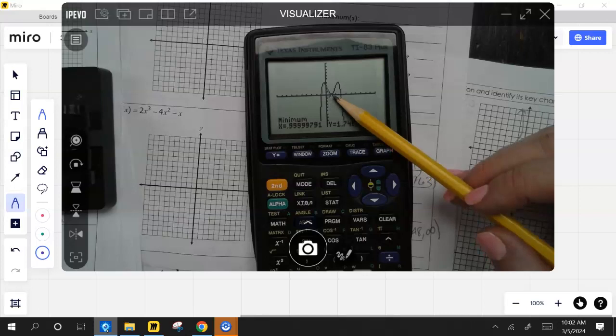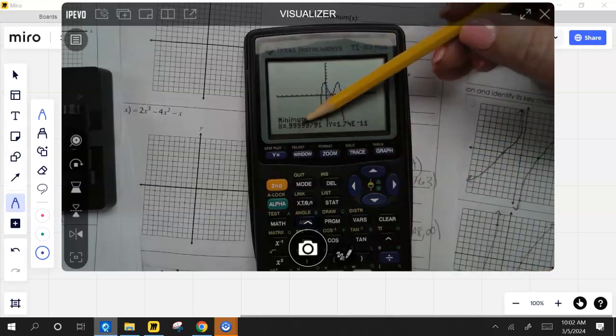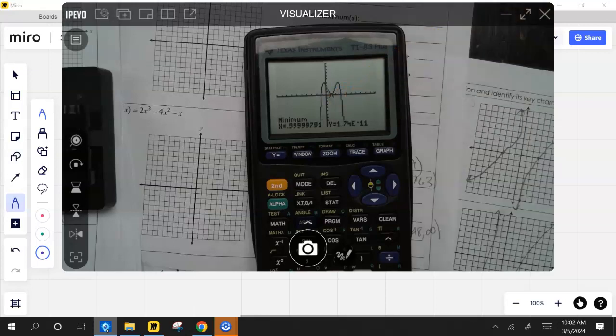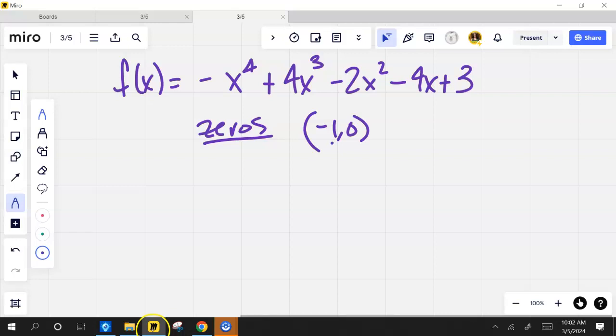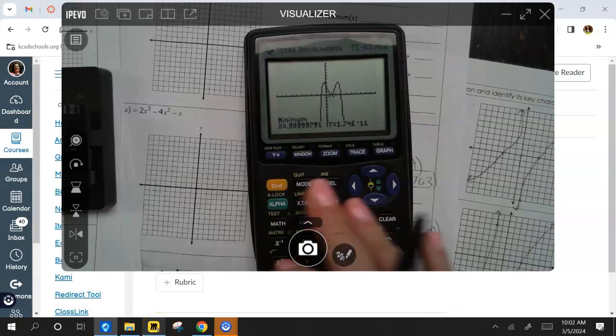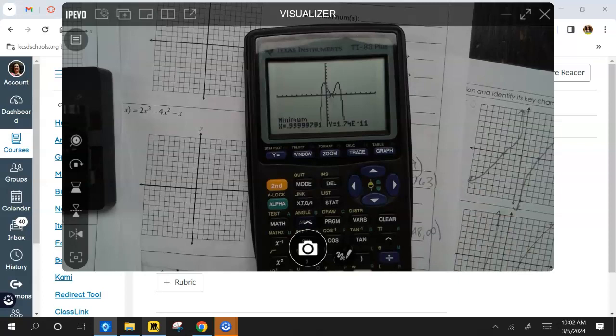So this does have 1, and this would round obviously to 1. So this has a 0 at 1, 0. So I've got negative 1, 0, 1, 0. See if you can calculate that last one. Negative 3.